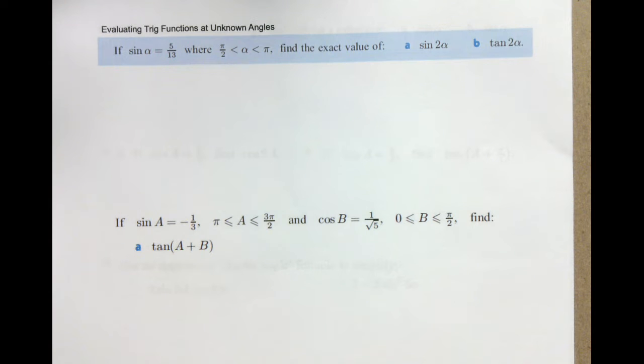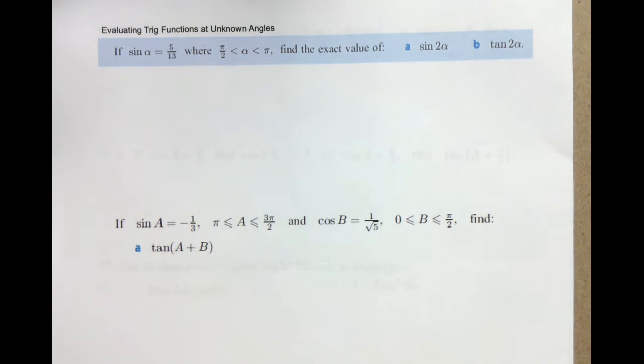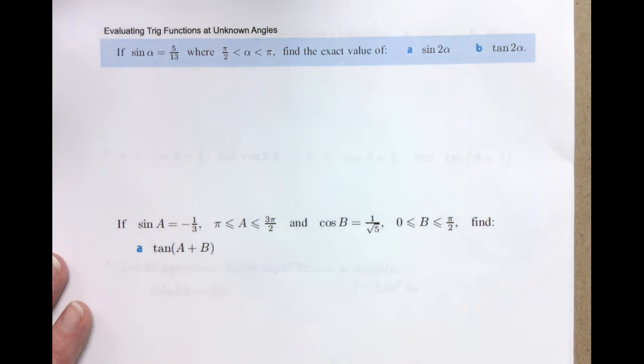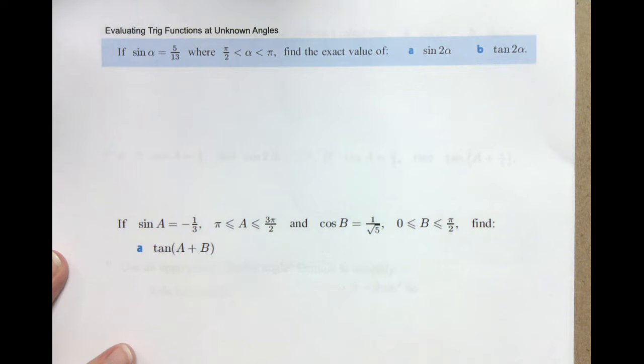You can use your calculator, but you want us not to. It is a right triangle, but really to keep everything straight here, I am going to draw a picture. I actually am not sure I could do this without drawing a picture.